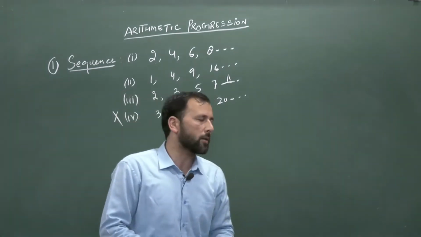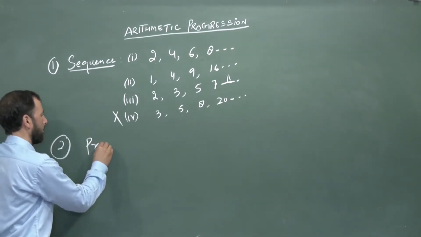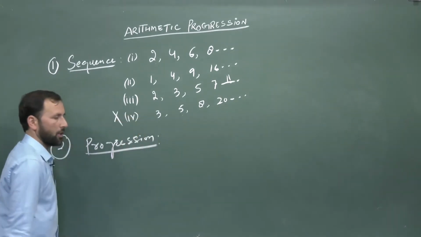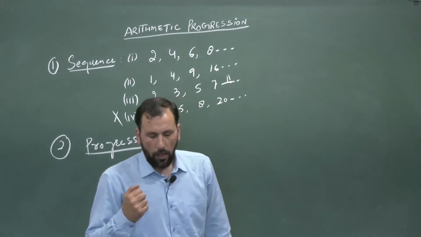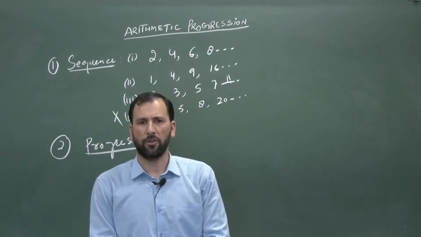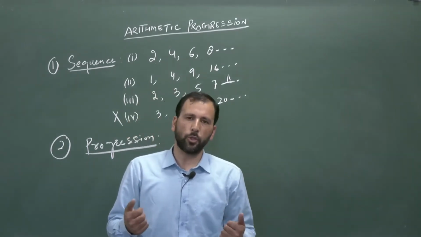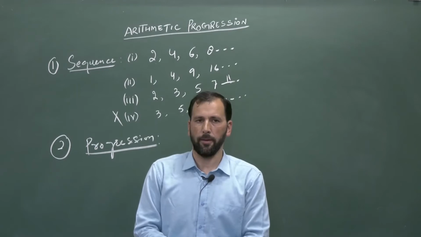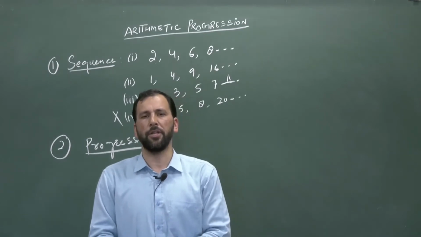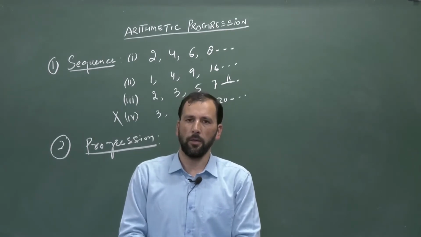Now after sequence, what is a progression? The second one is progression. If the terms of a sequence can be described by an explicit formula, then the sequence is said to be a progression. That means, if the terms of a sequence can be described by an explicit formula, then the sequence is said to be a progression.